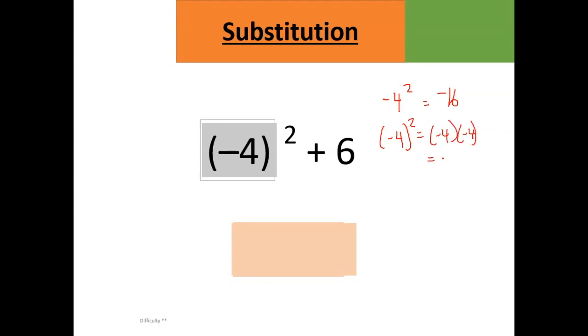And we know 2 negatives should make a positive 16. Whereas with this one, we have a negative out front, and then we have our 4 squared, which is negative times 16, which is -16. So you have to be really careful. So the thing you want to do is either input these brackets in your calculator, or remember this rule that it means that I have a -4 times a -4. And this holds true with any exponent I put in here. 4 squared is 16 plus 6 gives you 22.